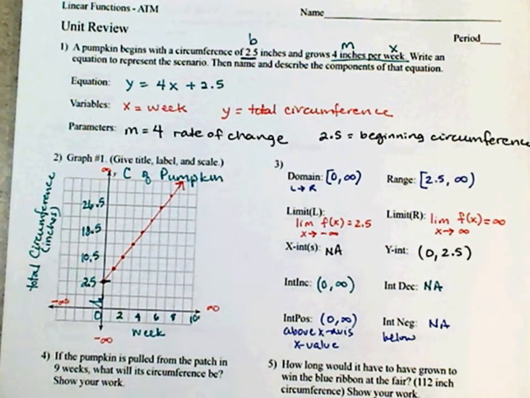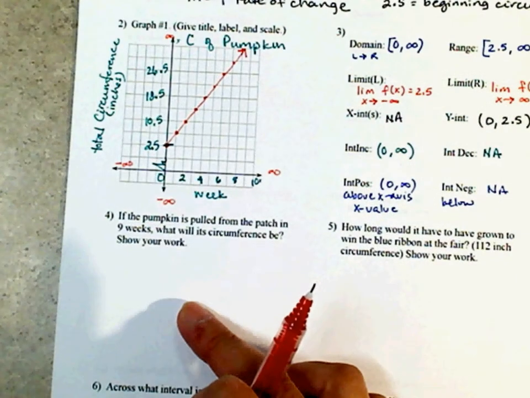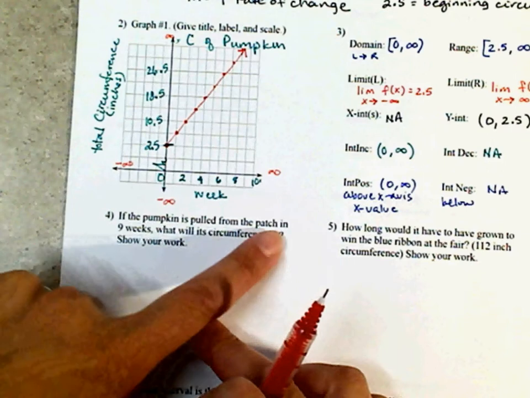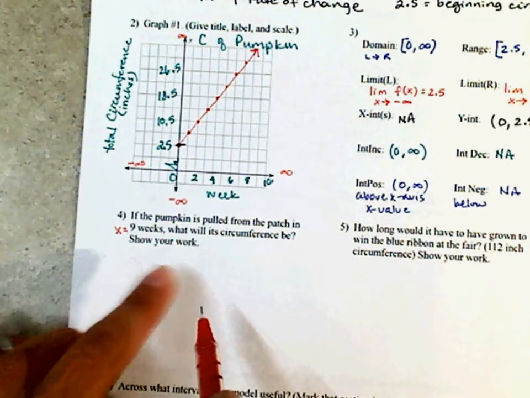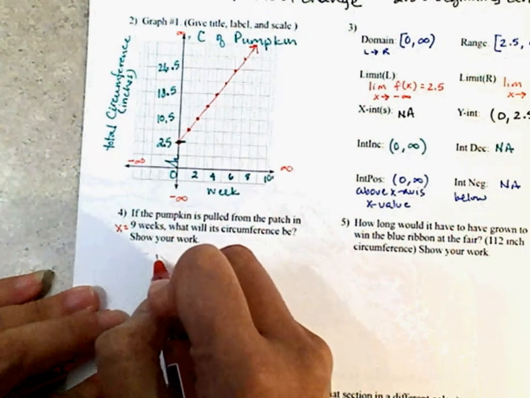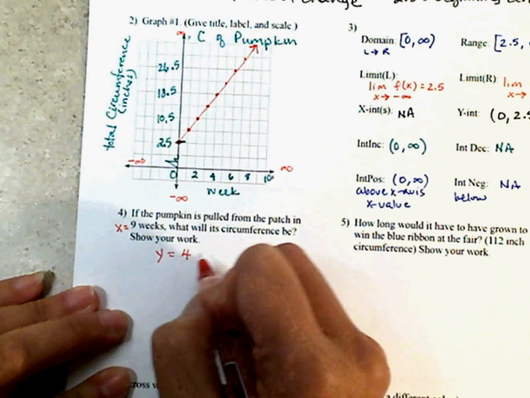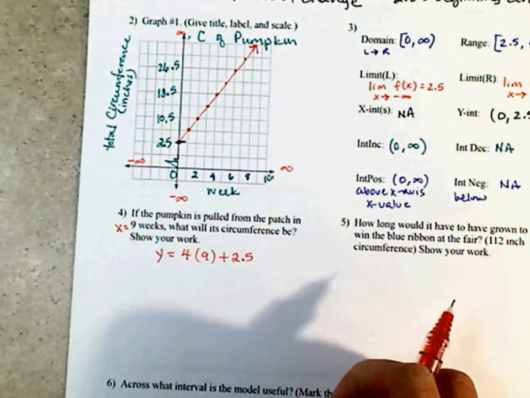All right, let's go ahead and answer some questions, okay? Number 4. If the pumpkin is pulled from the patch in 9 weeks, notice your x is equal to 9. What is its circumference? What will be its circumference? Well, let's plug into our equation. y equals 4 times 9 plus 2.5. Okay? So what do you have?